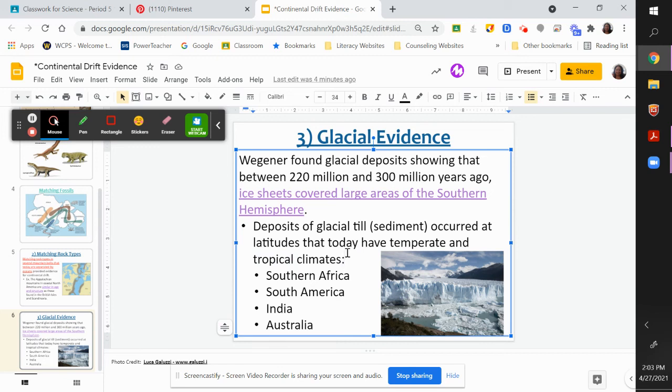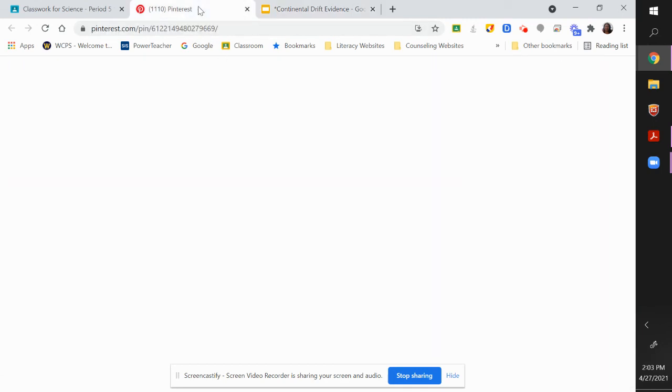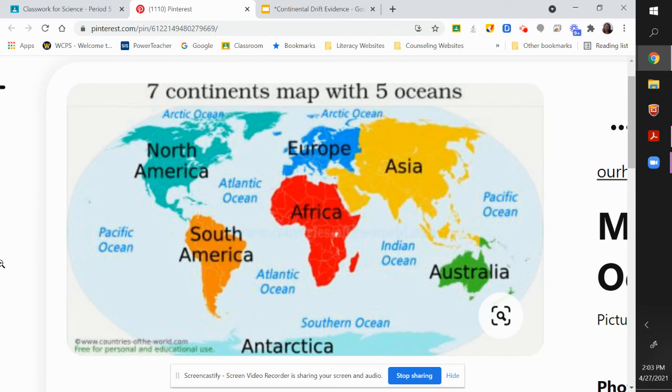So if they're warm places, why do they have evidence of glaciers? And so this is why he believes that glacial evidence is the third type to prove that Pangaea existed, that the theory of continental drift is true, that we used to have one big landmass that looks like this, and they eventually drifted apart, which means moved apart, to what we now know as our world map.